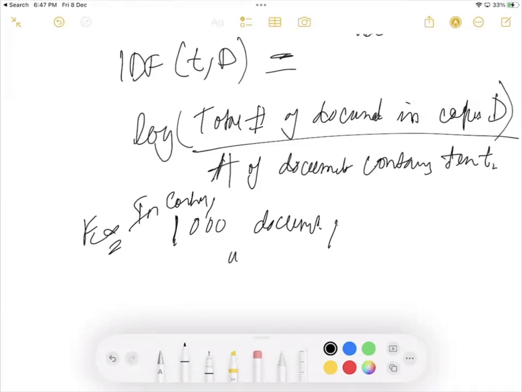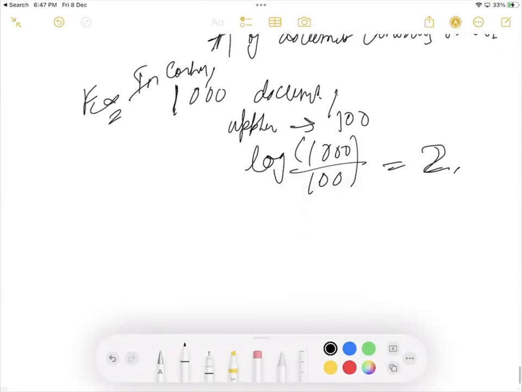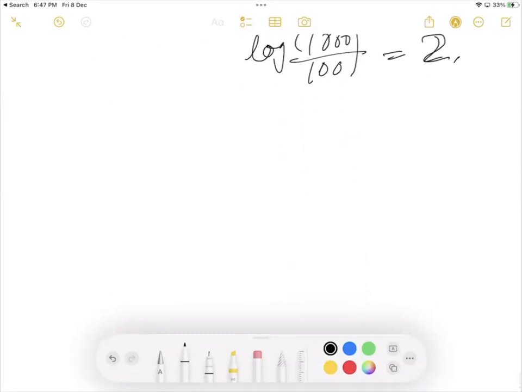In these 1000 documents, again I'm taking apple, and apple appears in 100 documents. So IDF is log of this, 10, and we know log 10 is 2. So this is TF and IDF. Now let's come to TF-IDF.